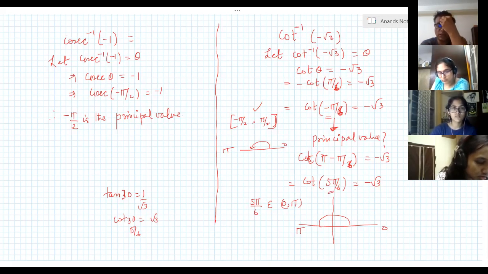So we said sine, cosecant, and tan is minus pi by 2 to pi by 2. The others are 0 to pi with some exceptions. Minus 0 and minus 90.